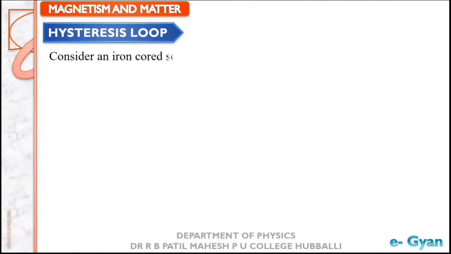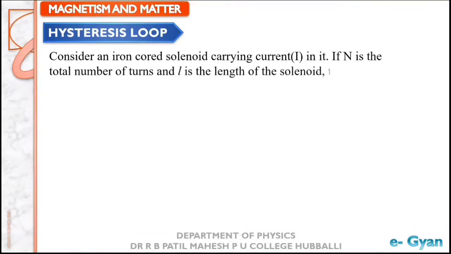To begin with, let us consider an iron core solenoid carrying current I, having N number of turns, with L the length of the solenoid. Then the magnetizing force is H equal to small n into I, where small n is the number of turns per unit length, that is capital N divided by L, into I. This gives us the magnetizing force in the solenoid.